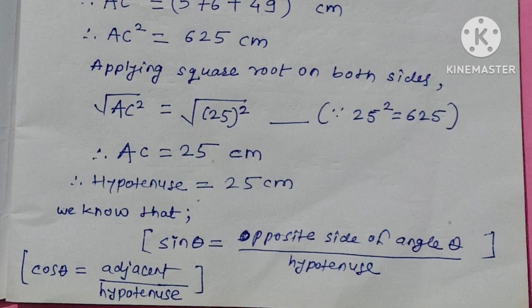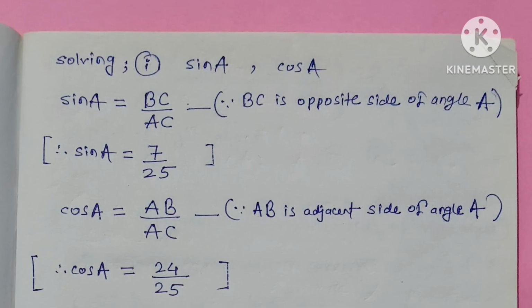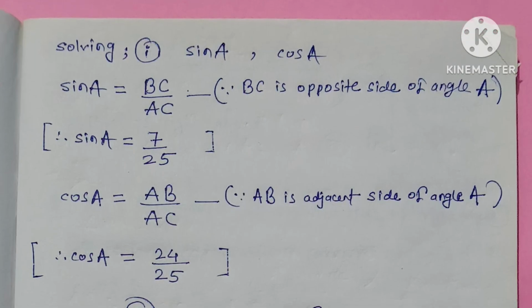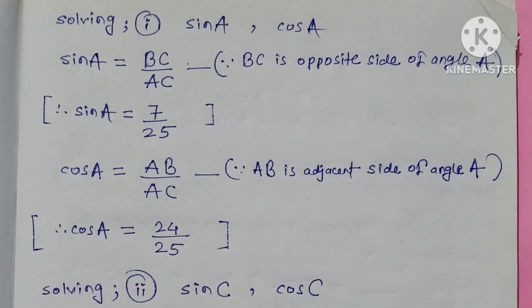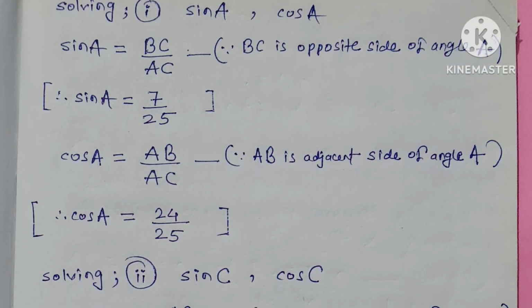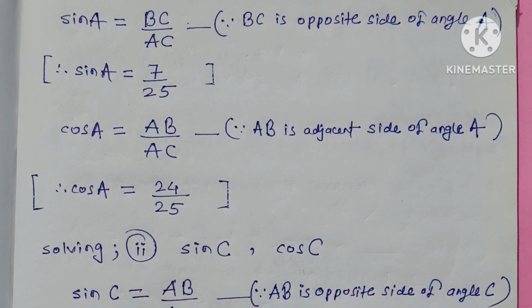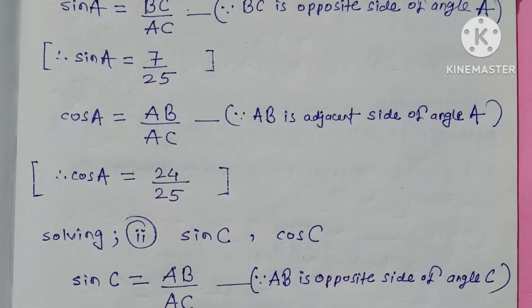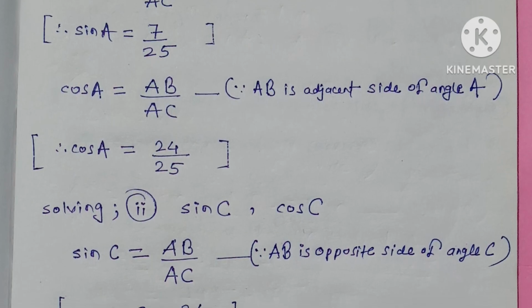Okay, so for different angles the sine and cos values will be different. So here we are going to use the sine formula. When we will be calculating sine A, we will use the opposite side as BC and hypotenuse as AC, and then when we calculate cos A, we'll use the adjacent side as AB, and then we'll divide it by hypotenuse.